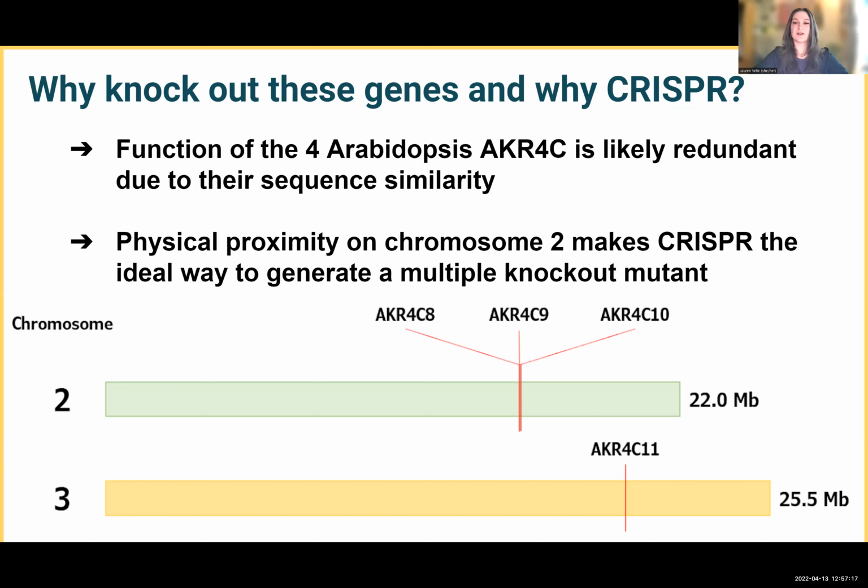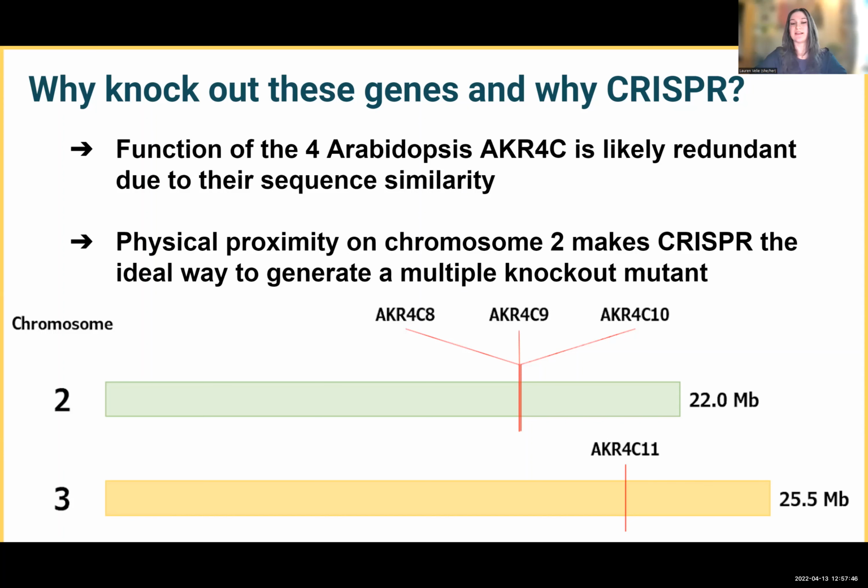In addition, CRISPR is the ideal approach to get to this multiple knockout mutation, since theoretically, using 2 guide RNAs per gene can generate a large deletion by introducing double-strand breaks on either side of a region that will be deleted. This is also site-specific, so we can target multiple genes on the same chromosome.